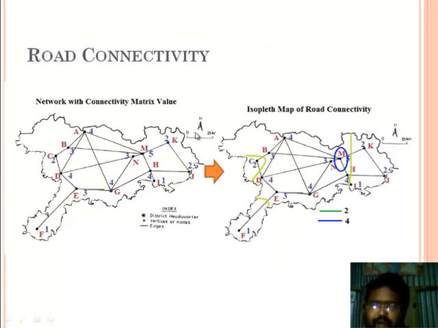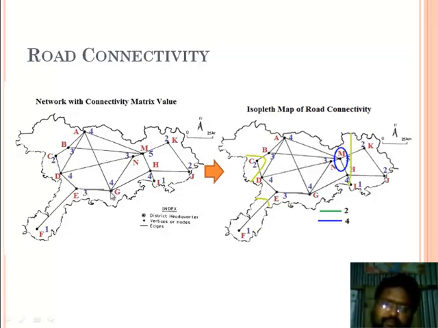Now I'll show you how to map the connectivity matrix values. All the nodes are assigned their respective connectivity matrix values, like A is 4, B is 3, C is 2, D is 4, and so on.